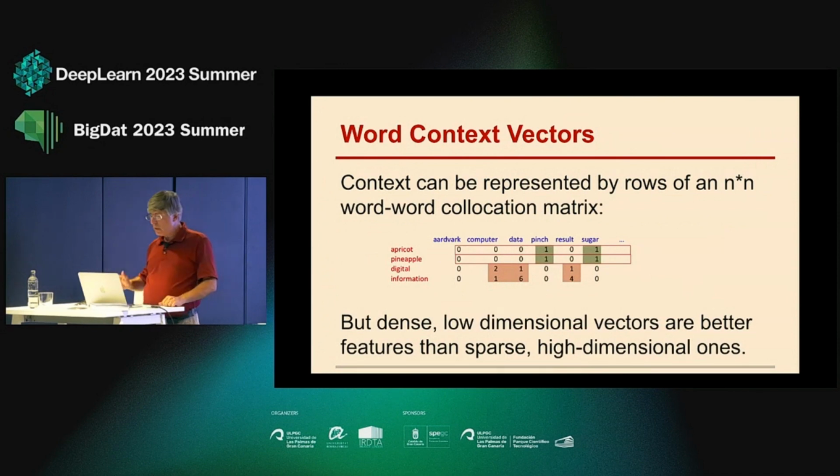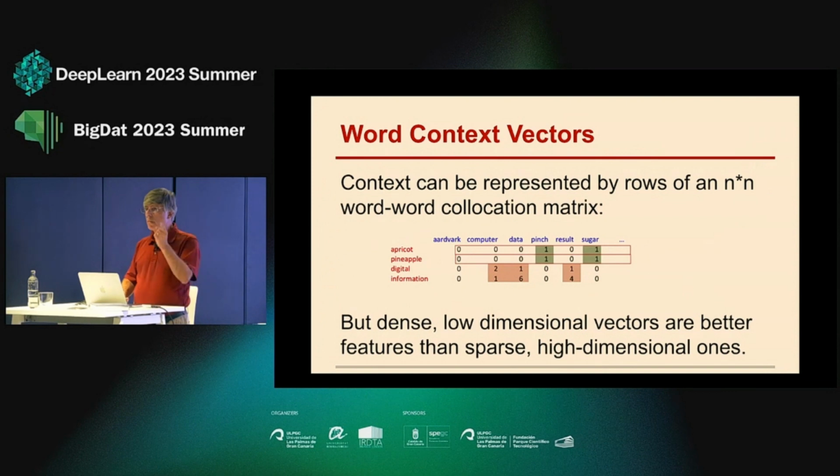So one thing that you could do is, for any word, if you wanted to try to come up with a feature vector for what apricot means, one possibility is to just take the row of that matrix associated with apricot. That would tell you something about how frequently the word apricot is used.